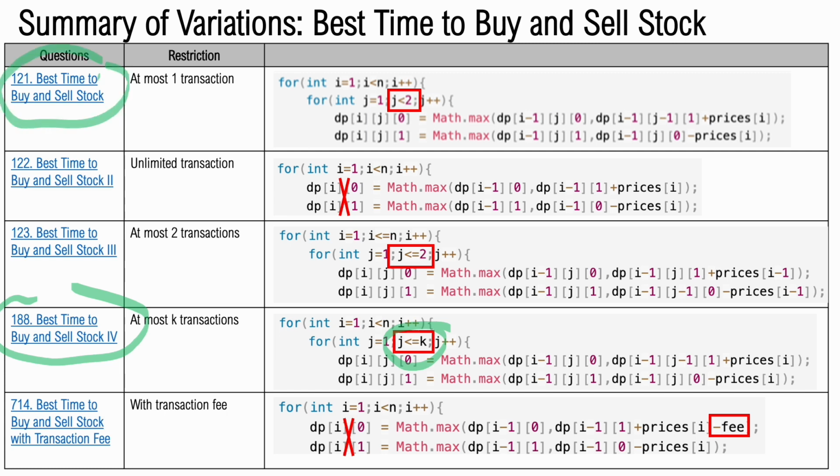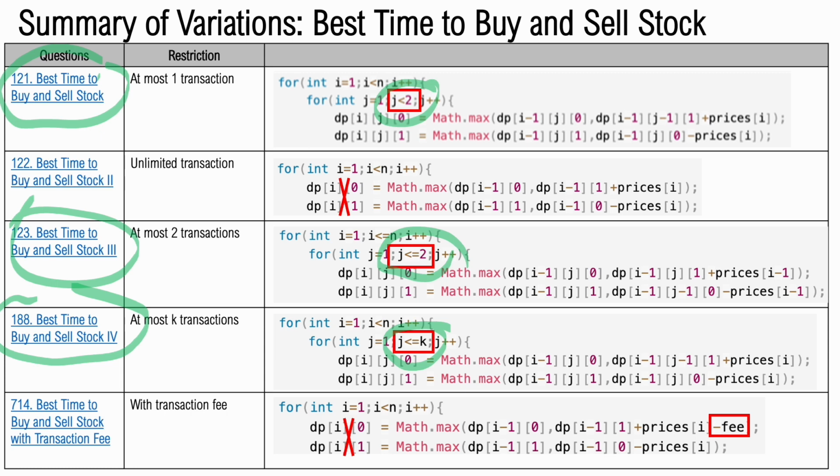Stock 1 problem is basically you can have at most one transaction. Here you will have smaller than or equal to 1, which is basically smaller than 2. And for the stock problem number 3, you have at most 2 transactions. So here you will have smaller than or equal to 2.